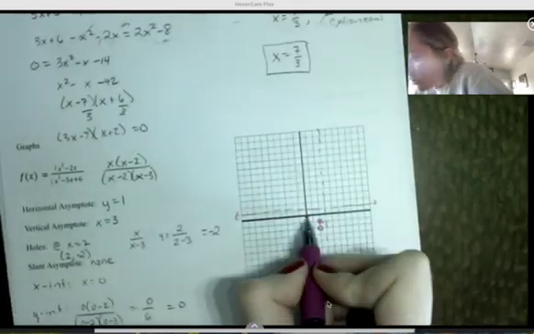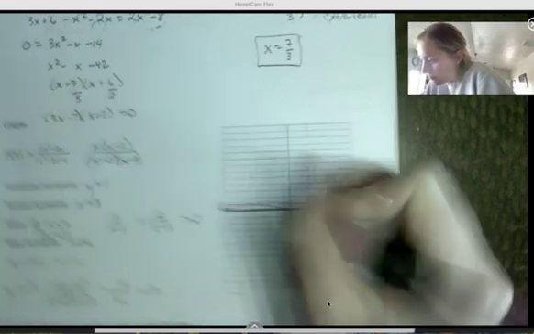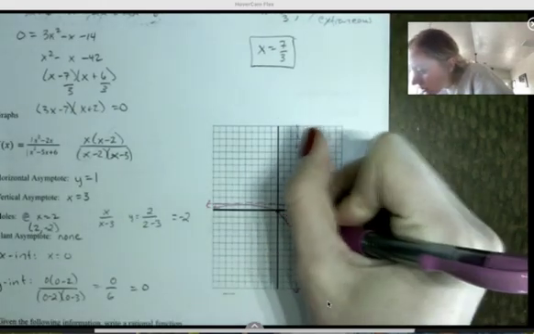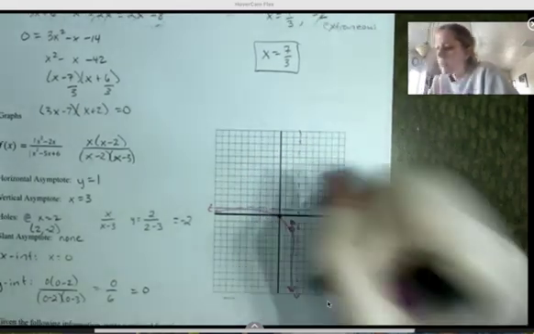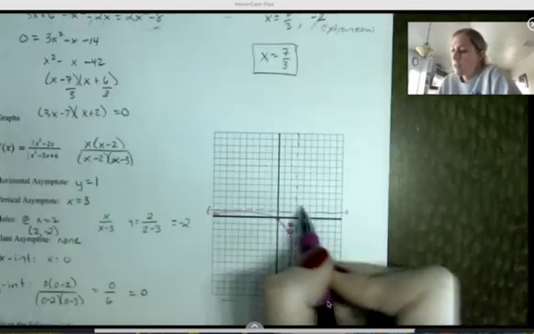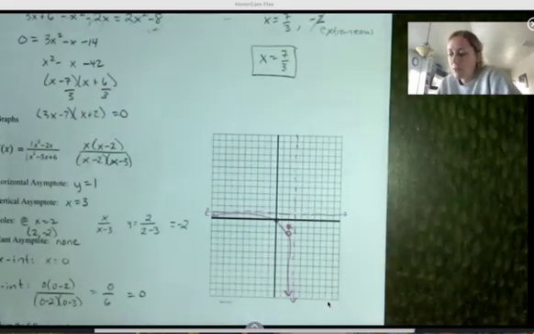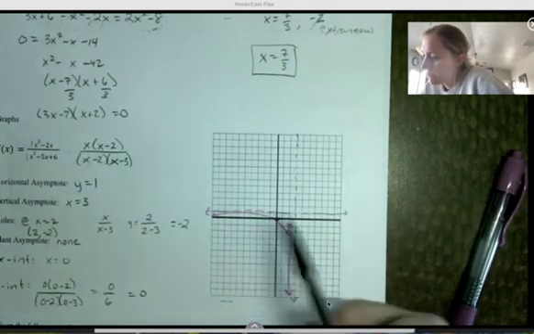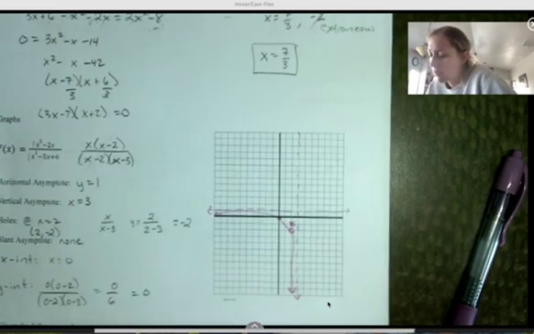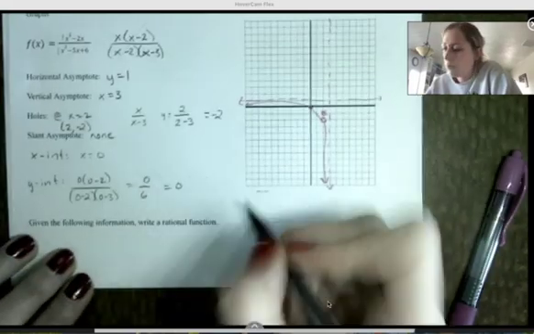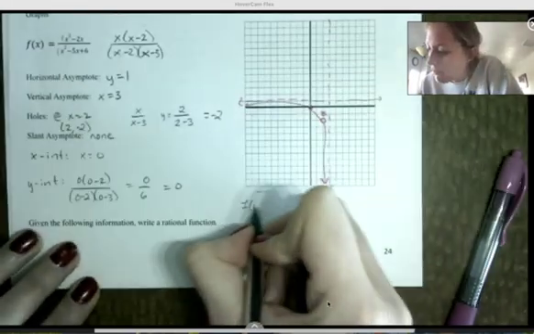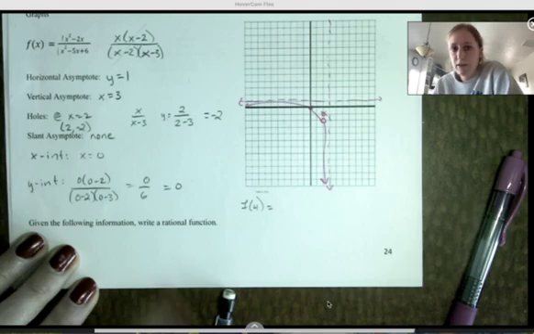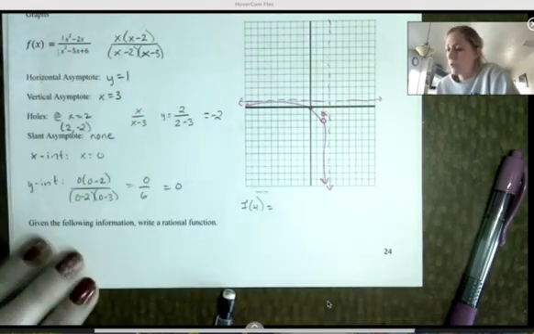Okay, so I know the graph down here is going to go through the hole like that and hug those asymptotes. It's going to be up here somewhere. It might be good just to put one other point in here. So my vertical asymptote's at 3, so let's maybe plug in 4. So I'm going to find what is f of 4. So I'm going to plug in 4 into my original equation.